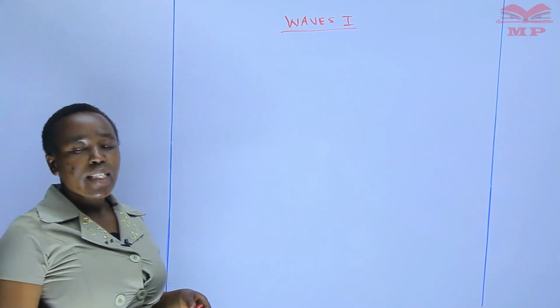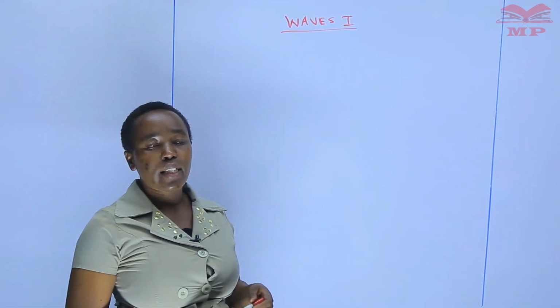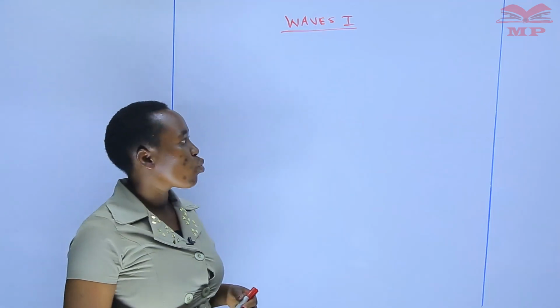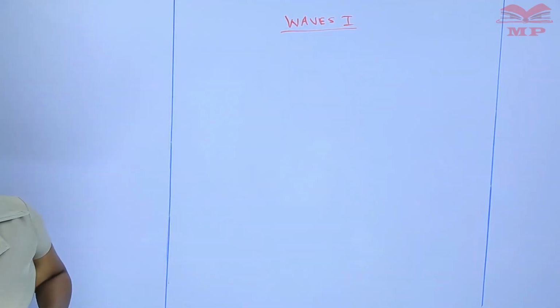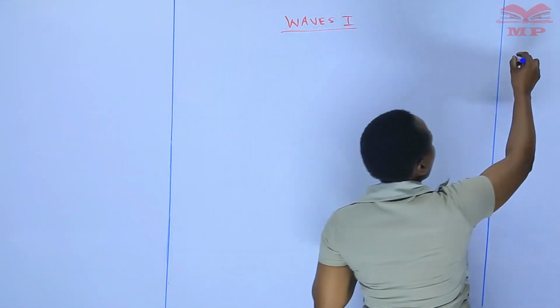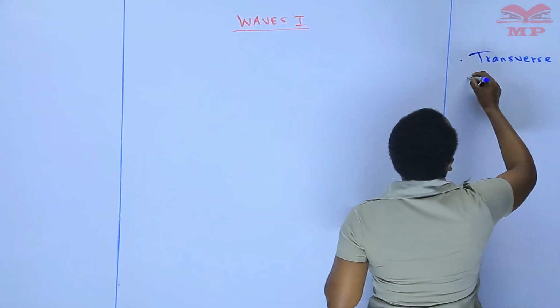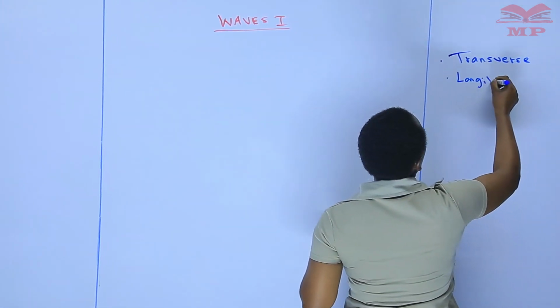In our previous lesson, we looked at transverse and longitudinal waves, and we were able to explain the two, the transverse and the longitudinal waves.